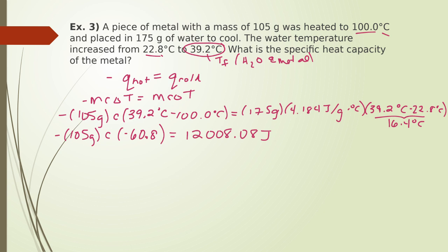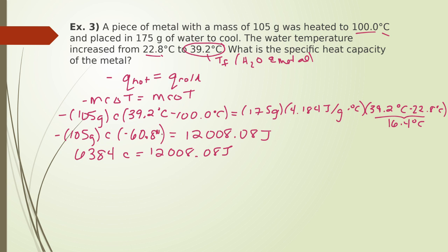Let's multiply my 105 by 60.8, and that gives me a value, those negatives will cancel, of 6384 C equaling 12008.08 joules.